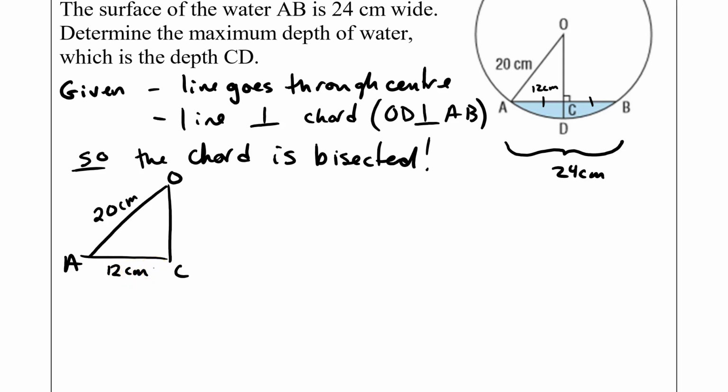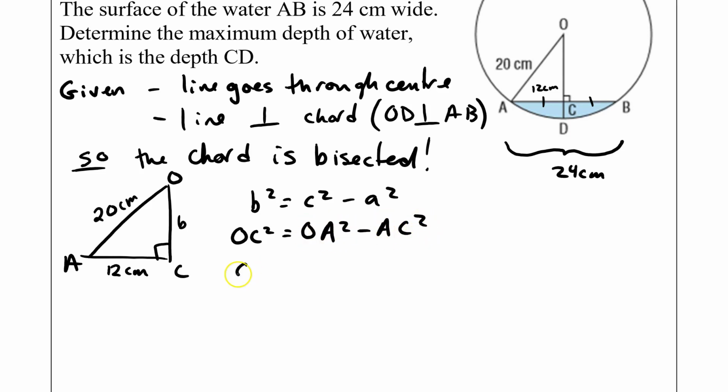So I can use the Pythagorean theorem because I know that this angle is a right angle. We know what the hypotenuse is, so I'm going to call this B. B squared equals C squared minus A squared. I'm going to fill in with the letters in this exact scenario here. So OC squared is OA squared minus AC squared.